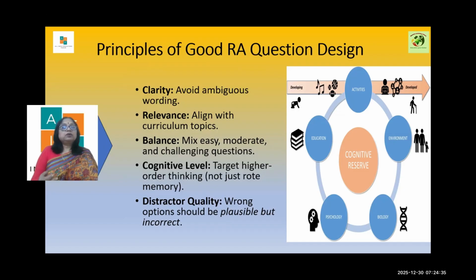Second, you have given the reason, but you have twisted and changed the reason to make it incorrect. Or third can be where the assertion is true, but the reason is false. A fourth option where the assertion is false, but the reason is true. So this way, an educator or mentor can take care that if 5 questions are there, the answer is not always A, but it can be sometimes B, sometimes C, or sometimes D.